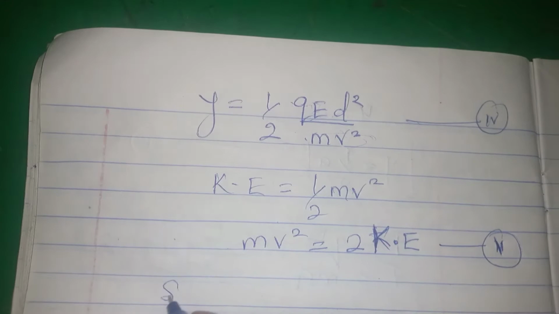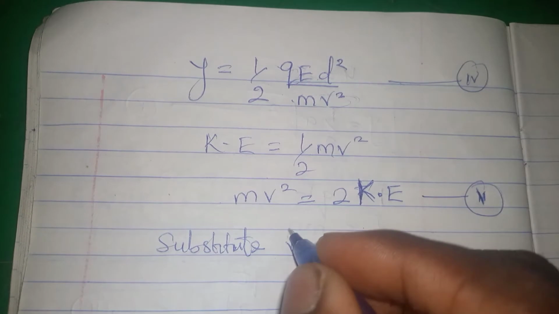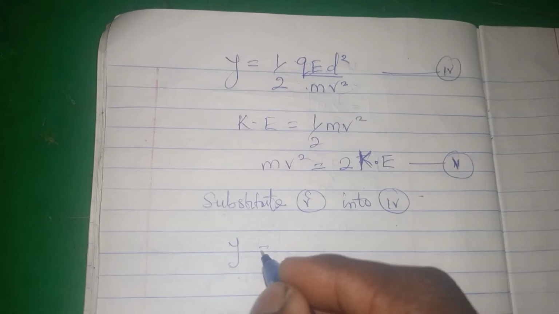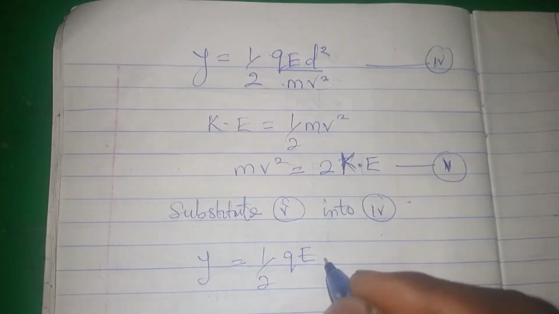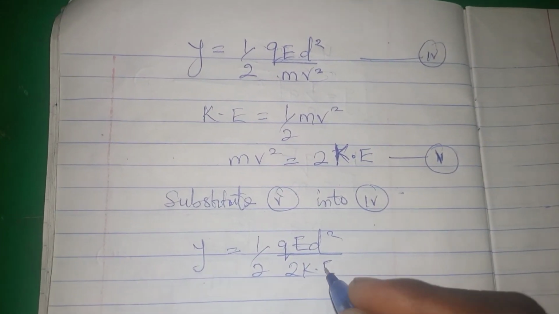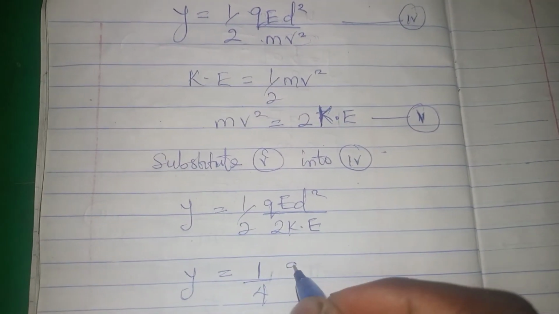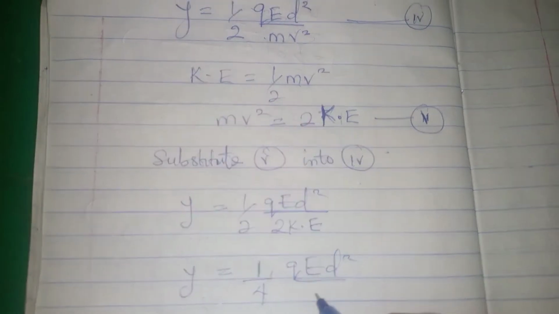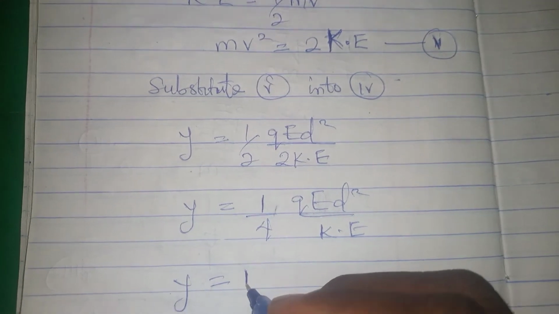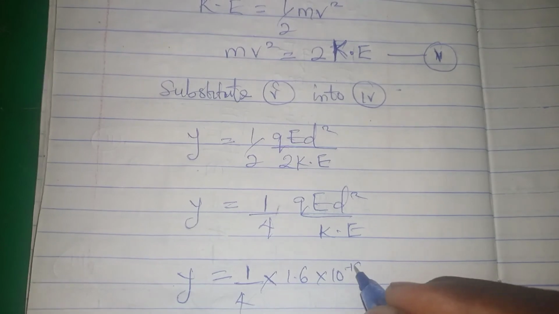So if I substitute 5 into 4, that will now make us say y will equal half QED square over, instead of mv square now we'll put 2KE. So at the end of the day, we can probably write y as 1 over 2 times 2, 4, QED square over KE. Now we can input all the parameters we know. That's times 1.6 times 10 to the power minus 19, that's charge.